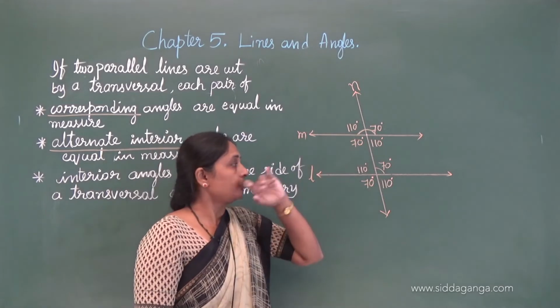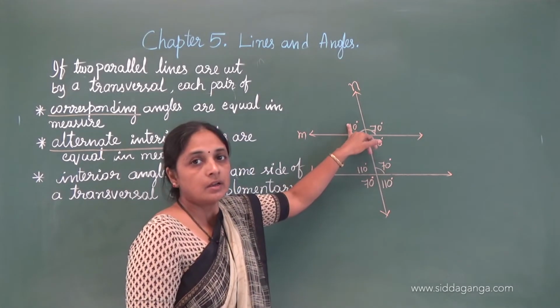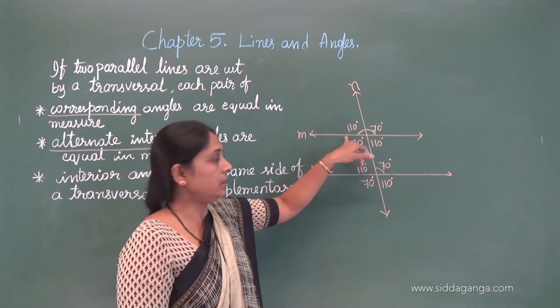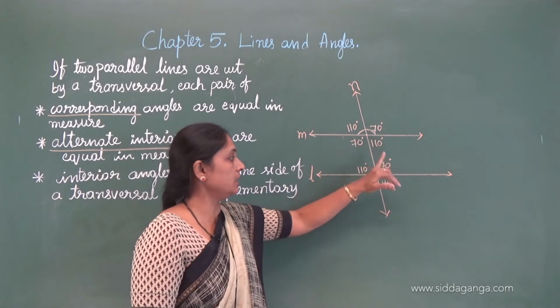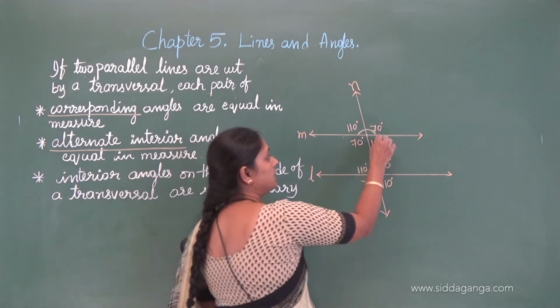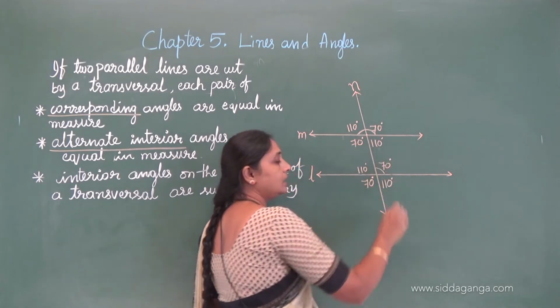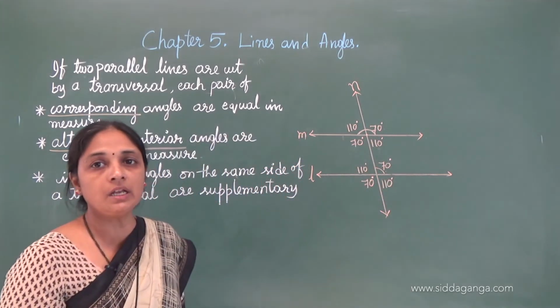Okay. So here we have only two angles, 70 degrees and 110 degrees. Add these two. What about these two? This is 110 degrees plus 70, it's 180 degrees.